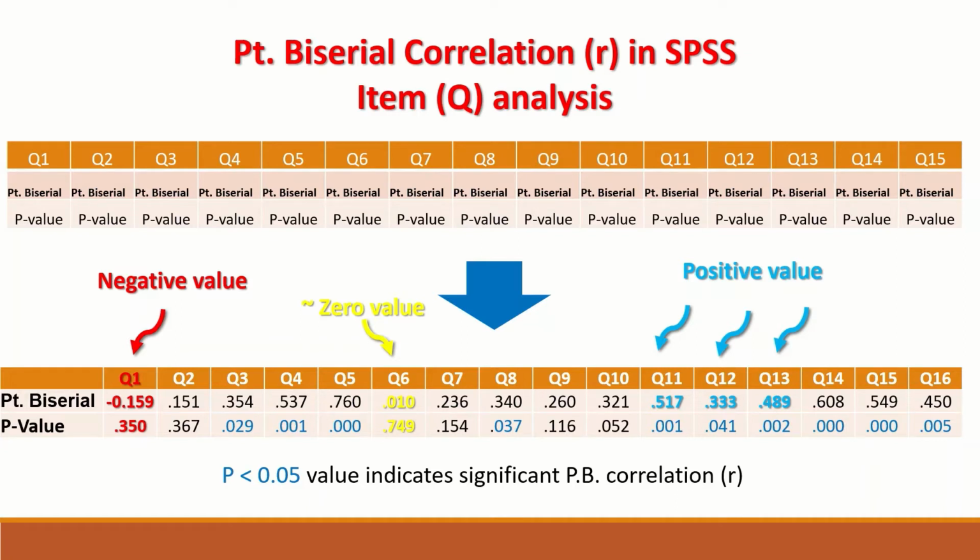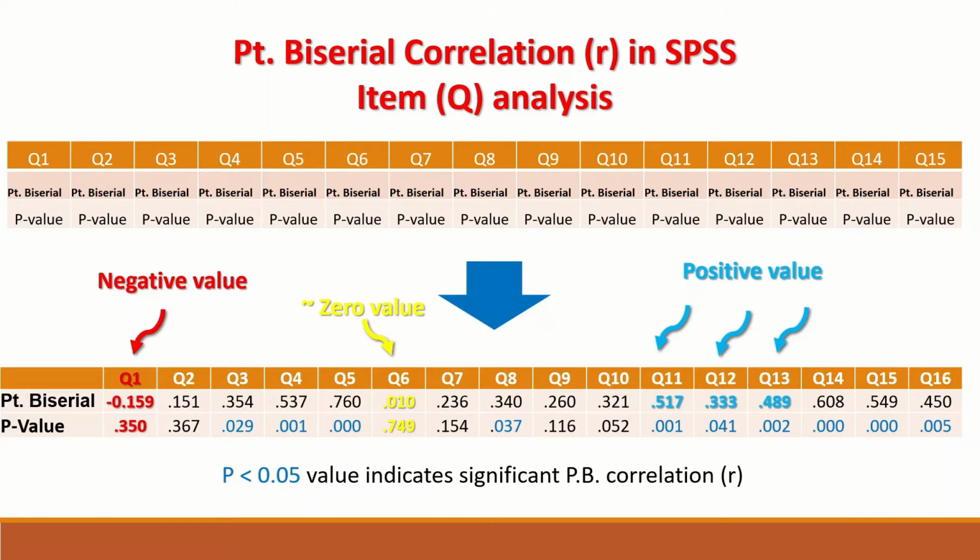Again, from this table at the bottom, we can say that question number 3 is a good question. Question number 4 is a very good question. Number 5 is a very good, if not excellent, question. Number 7 is not a good question. Number 8 is a good question.